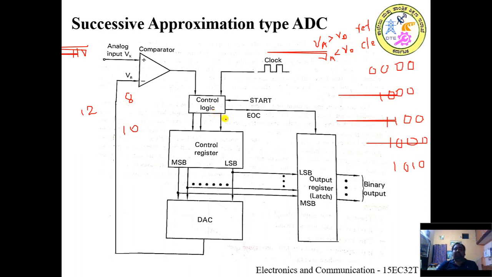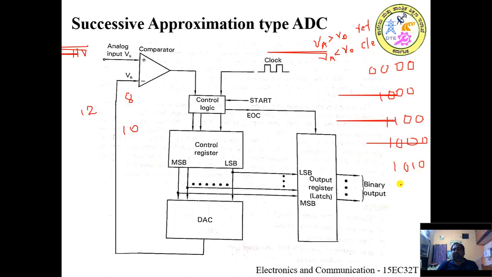Until we reach the LSB bit, with all bits checked by setting and resetting, the conversion cycle is not said to be completed. Now there is a last bit, the LSB bit. In the next step, the control logic will set this last LSB bit.